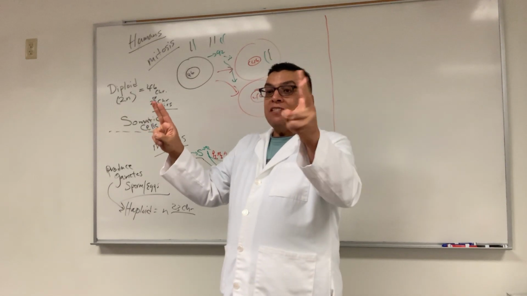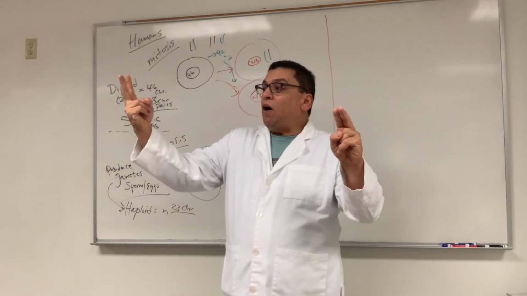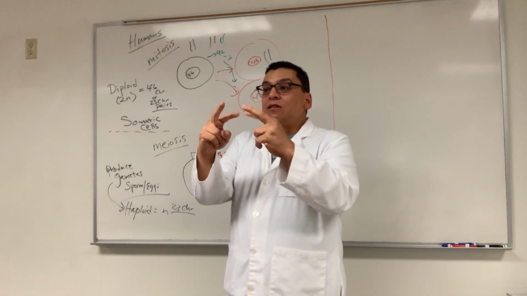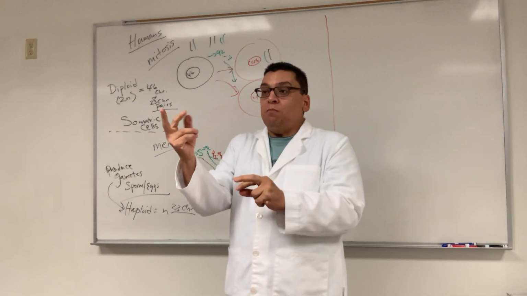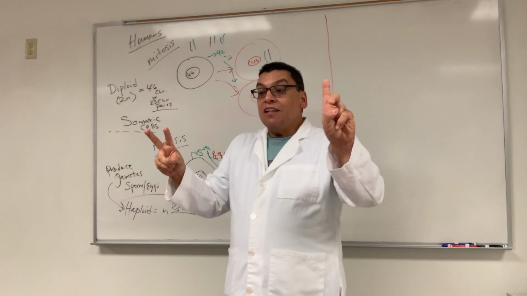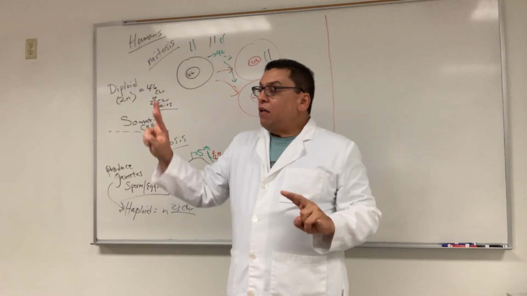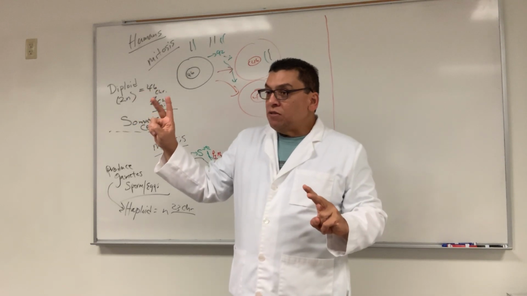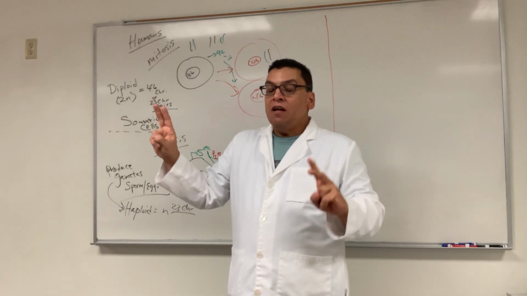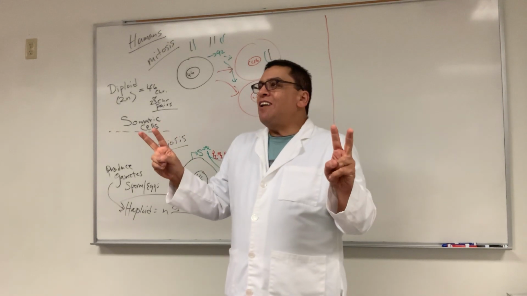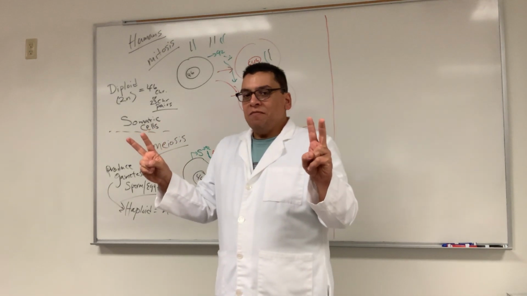But that's dad's 1, and that's mom's 1. That's why they're sisters of each other. But these are not sisters of each other, because that's dad's 1, and that's mom's 1. So the 2 dad's chromosome 1s are sister chromatids. The 2 mom's chromosome 1s are sister chromatids. But the one from dad and the one from mom are non-sister chromatids.